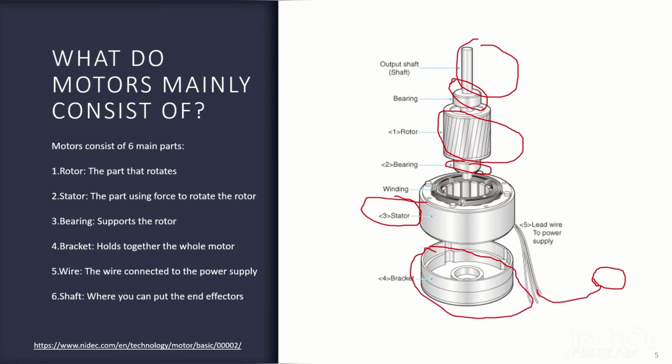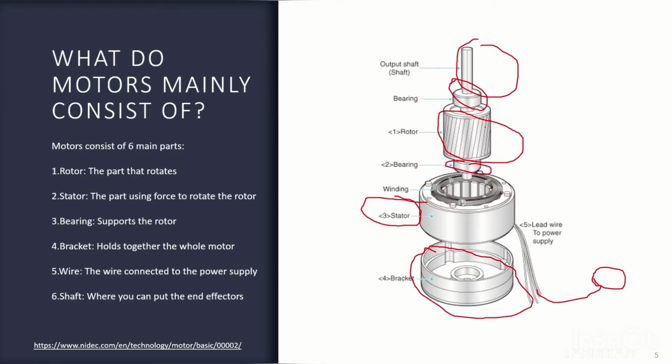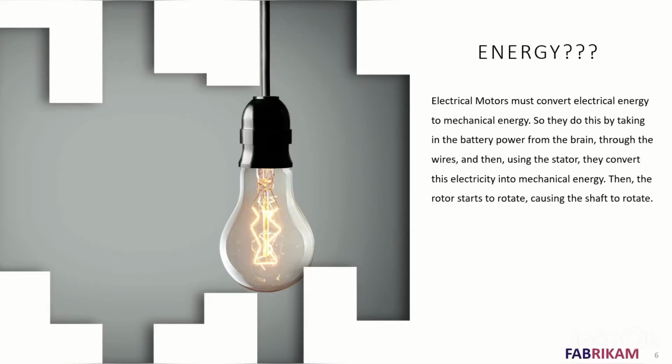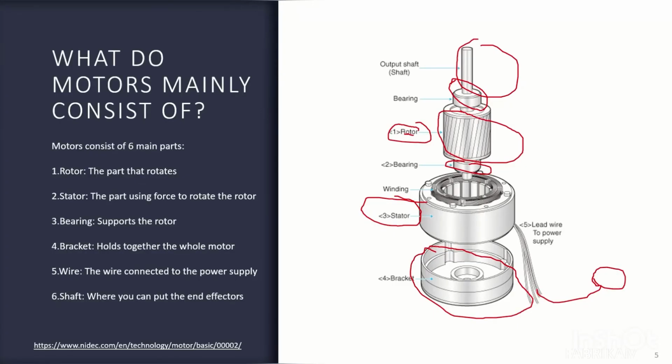Using the stator, it converts this energy from electricity to mechanical energy, and then the rotor starts to rotate. This part rotates, and then that part eventually rotates the output shaft. So we have all these complex parts working together. Then of course we also have other parts like the bracket, and you mainly need these. You can also have extra parts like the winding and all that stuff. And then after the shaft rotates, you can move your mechanism.